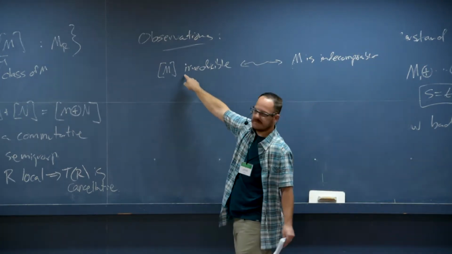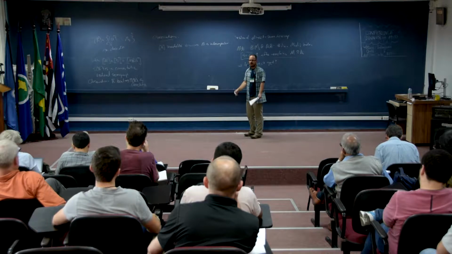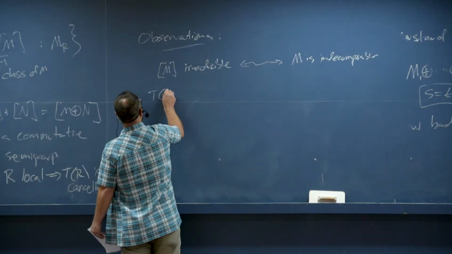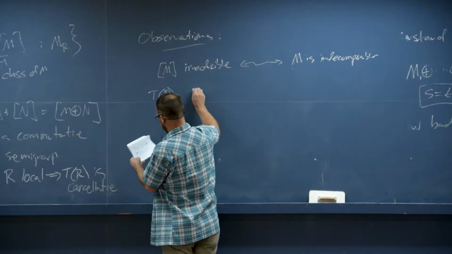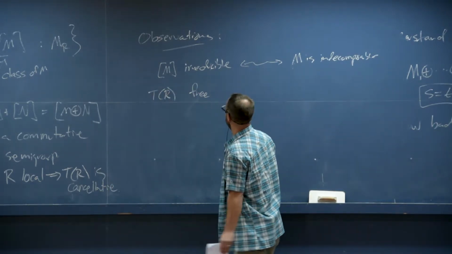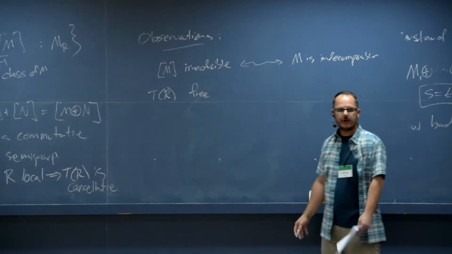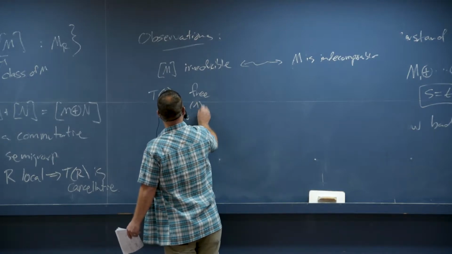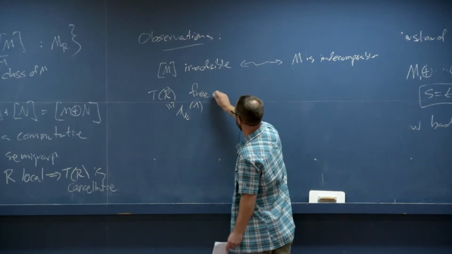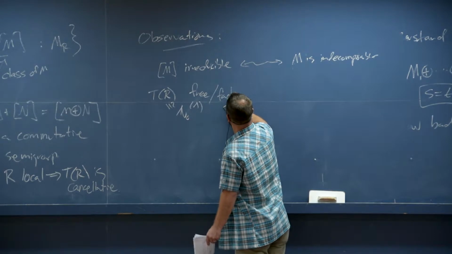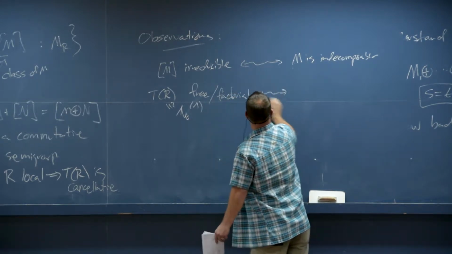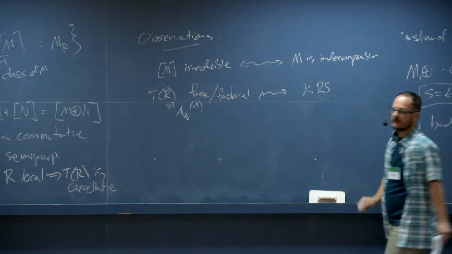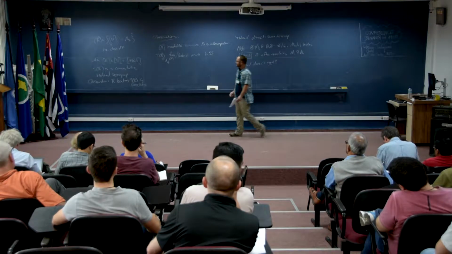So this is an element that cannot be written as the sum of two non-zero elements. If T of R is free, isomorphic to some copy of the natural numbers, which semigroup factorization theorists call factorial, that means we have the Krull-Remak-Schmidt property.